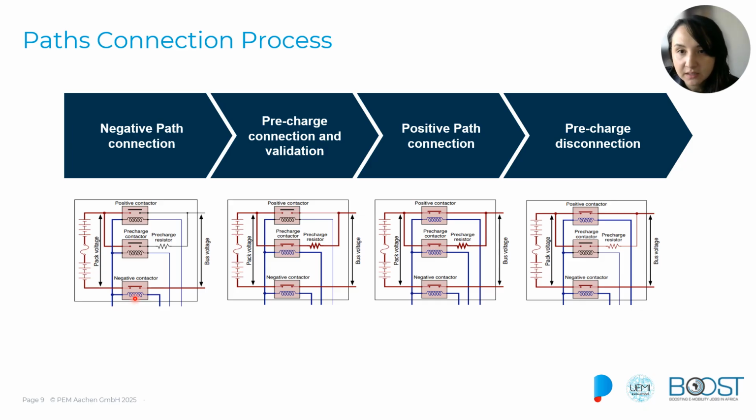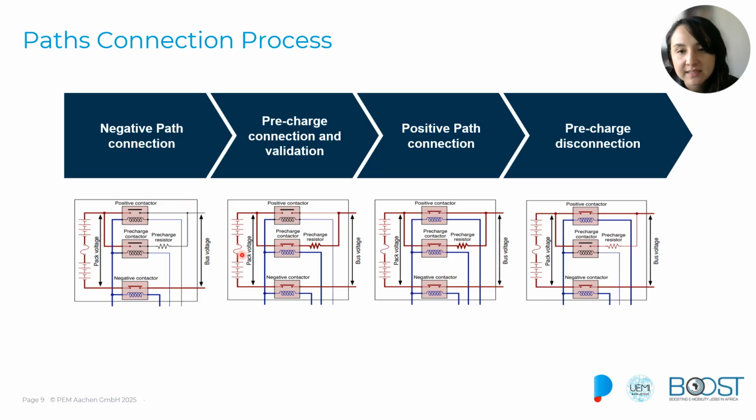So the first step is connecting this negative contactor, establishing a path from the battery to the load by means of the ground, and this will prepare our circuit for performing the pre-charge phase, while still keeping the high voltage positive path insulated, since both of these contactors are open.